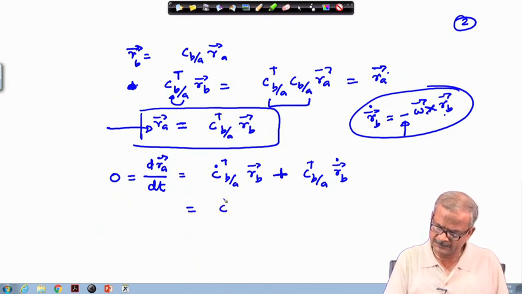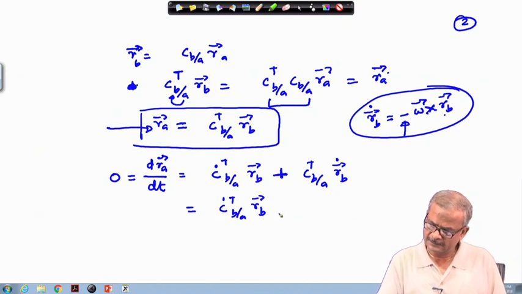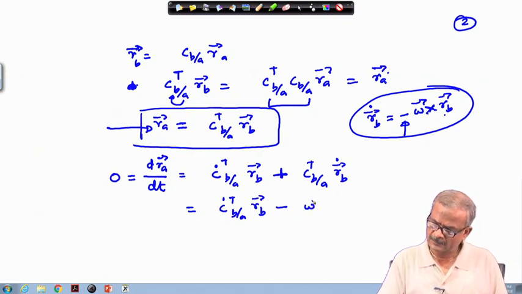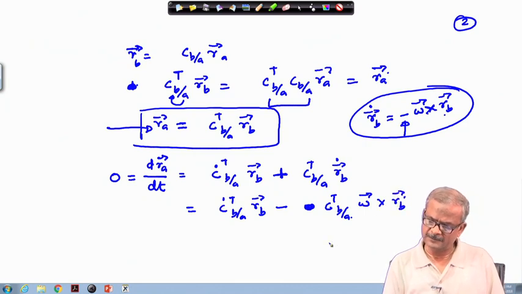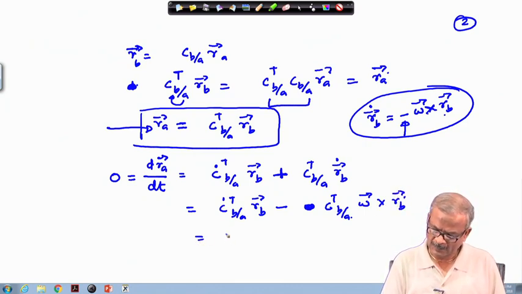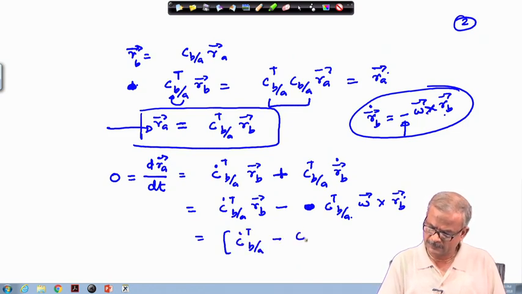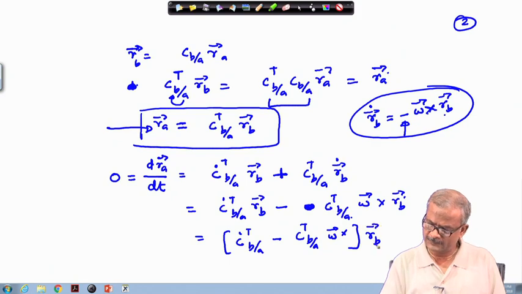So, put it here in this place, B slash A R B, and then minus C transpose B A omega cross R B. You have taken R B outside, okay.